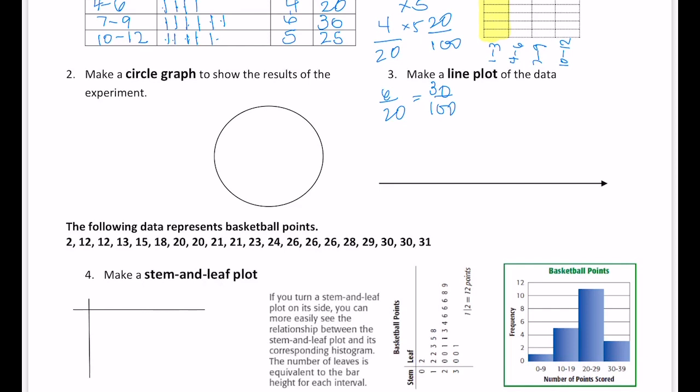The second one had 4, so 1, 2, 3, 4. That one had 6, so 1, 2, 3, 4, 5, 6. And the last one had 5 as well. So there's our histogram.